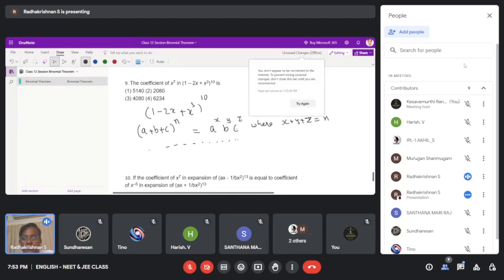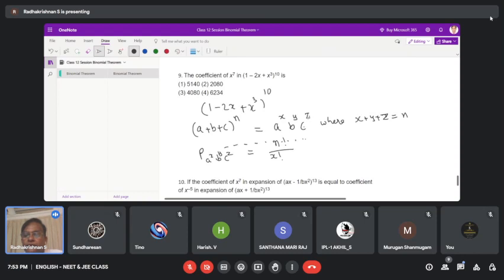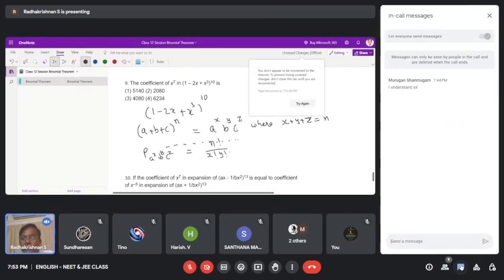The permutation for this we know. We know this formula, right? So a is appearing x times, b is appearing y times, c is appearing z times, so total is n. So the number of permutations is n factorial by x factorial, y factorial, z factorial.